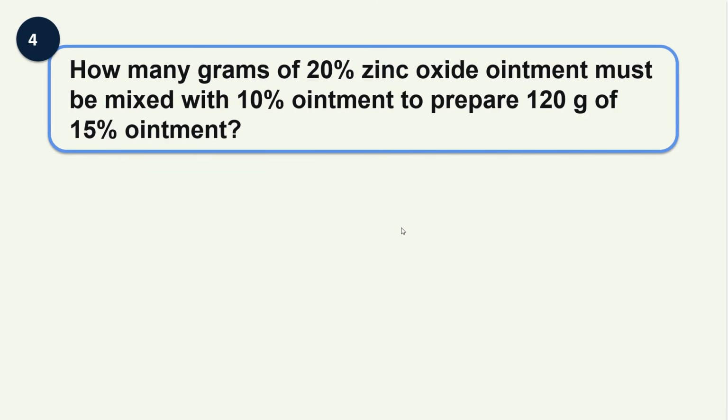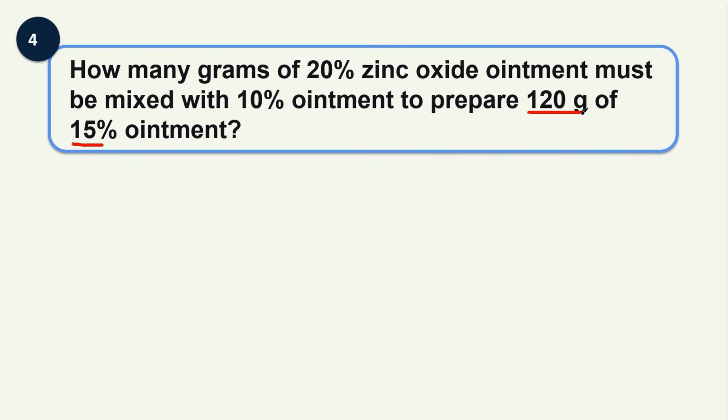All right, so next comes the question: how many grams of zinc oxide ointment must be mixed with 10% ointment to prepare 120 grams of 15%? So basically, you have to prepare 120 grams of 15% zinc oxide.